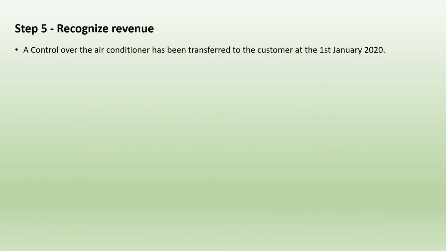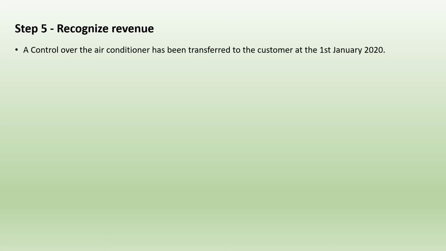In the final step, we are going to recognize the revenue. In this question, it says that the control over the air conditioner has been transferred to the customer on 1st of January 2020.